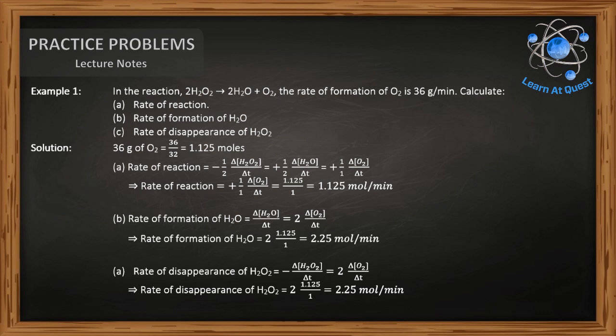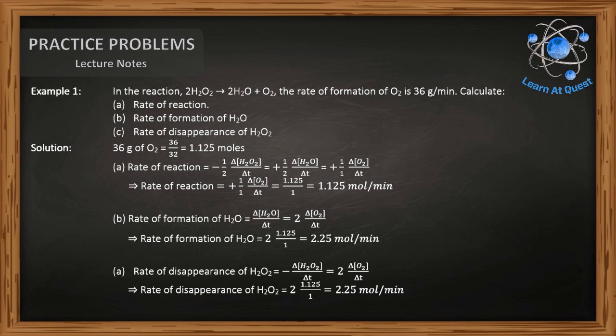We know that rate of reaction based on stoichiometry in this case would be equal to minus 1 by 2 delta H2O2, which is the change in concentration of hydrogen peroxide, by delta T, which also equals plus 1 by 2 delta H2O by delta T, which is the change in the concentration of water, which equals plus 1 by 1 delta O2 by delta T.